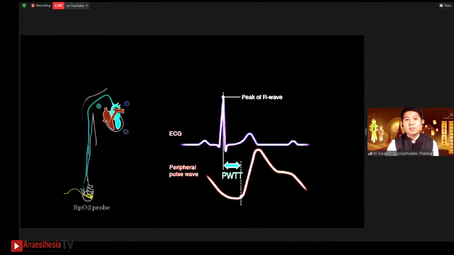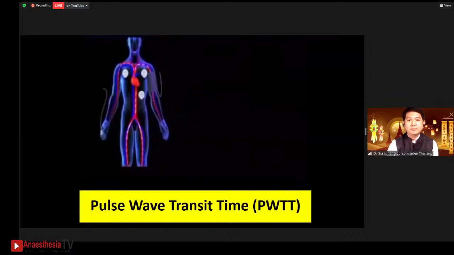The next step is we have to understand the electrical and mechanical events during the cardiac cycle. For example, when the heart ejects, the electrical signal like the ECG goes to the pulse. We call this the pulse wave transit time. This is the delay time between the ECG and the pulse oximeter.